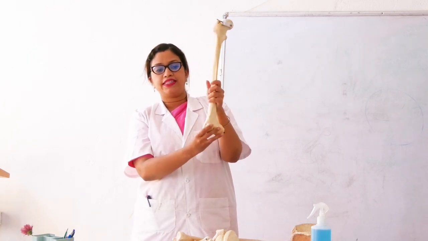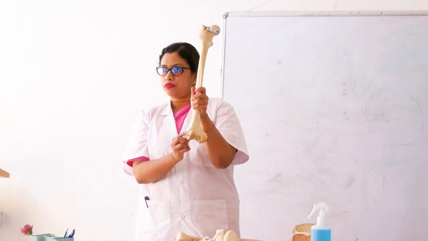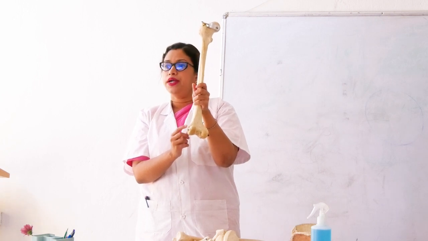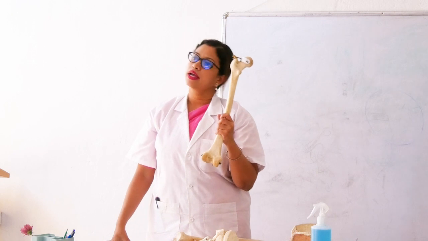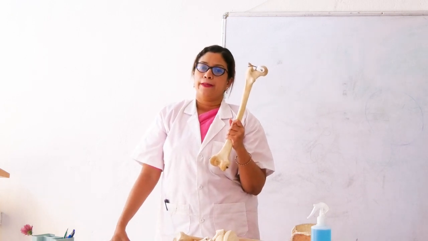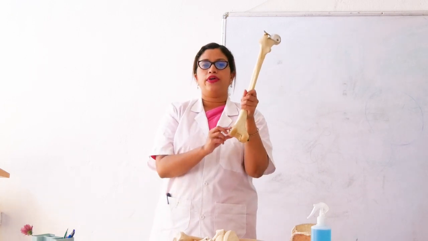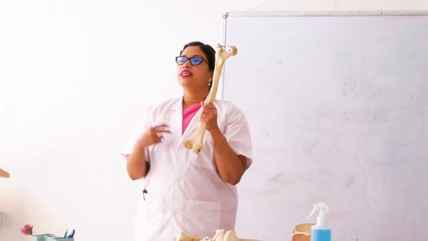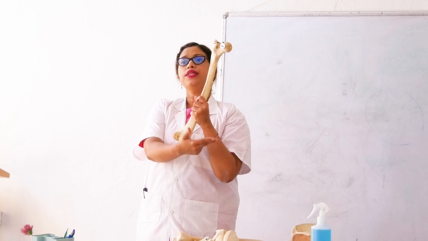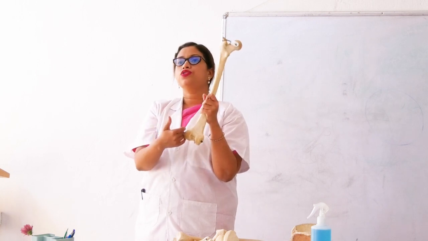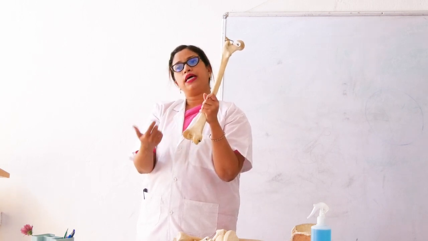Just below that, there is one tubercle on the lateral condyle. That is the origin of the lateral head of gastrocnemius. So on this side two muscles, what are the two? Medial head of gastrocnemius along with plantaris, and on this side lateral head of gastrocnemius along with popliteus.